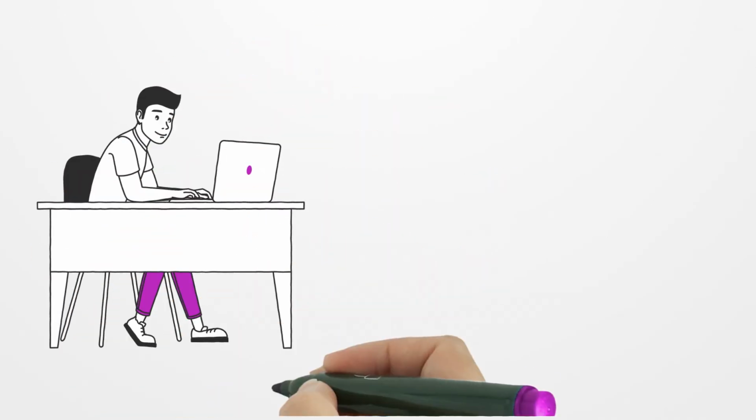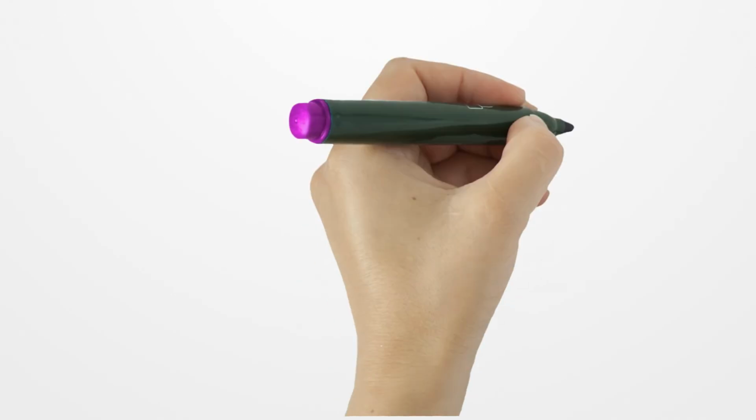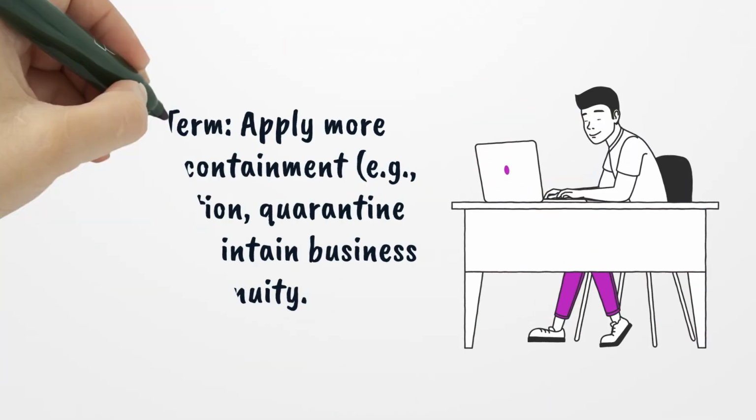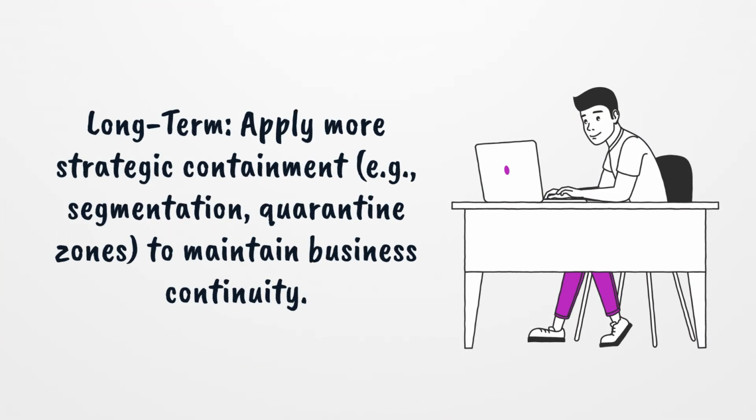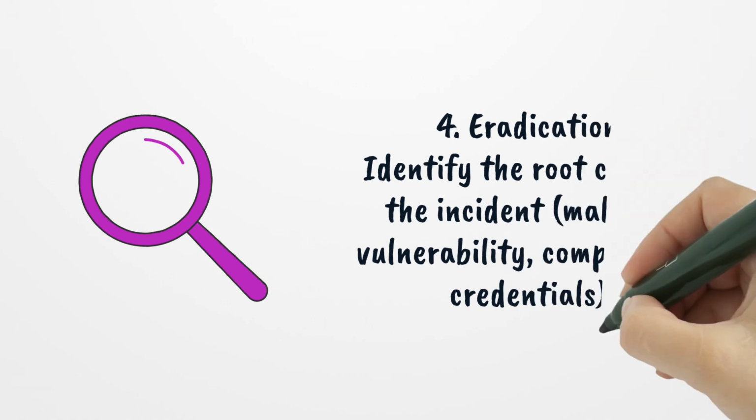3. Containment. Short-term, quickly isolate affected systems to limit the spread, e.g., disconnect from network. Long-term, apply more strategic containment, e.g., segmentation, quarantine zones, to maintain business continuity. 4. Eradication.